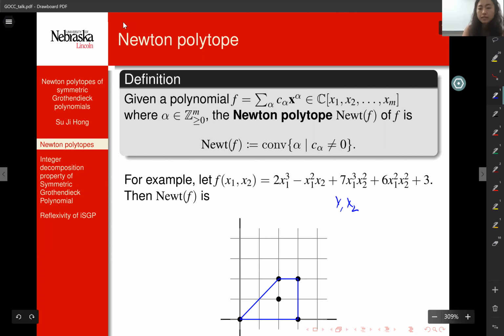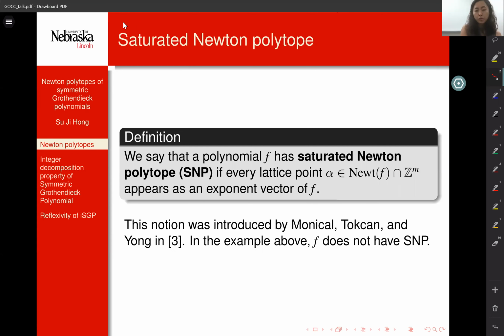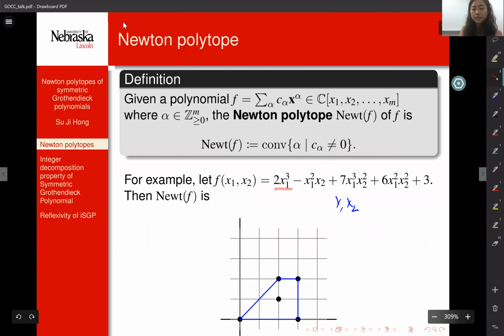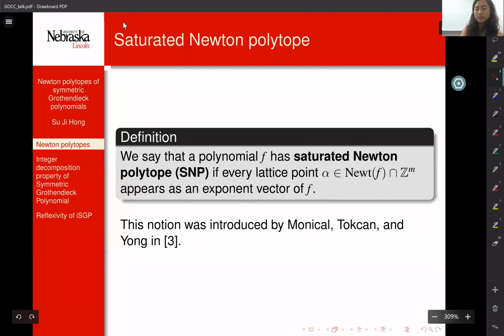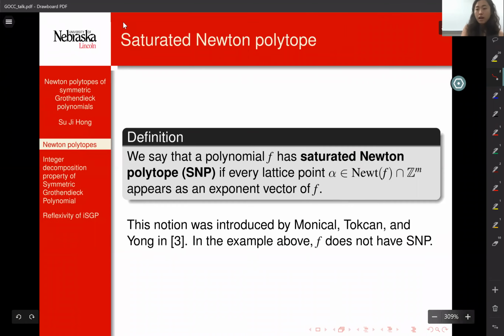So this example does not have saturated Newton polytope. One reason that having saturated Newton polytope is nice is that to see whether there is a non-zero monomial, that question is now the same as whether that corresponding exponent vector is on this polytope. So that's one reason saturated Newton polytopes are nice, and that's why we look at them.